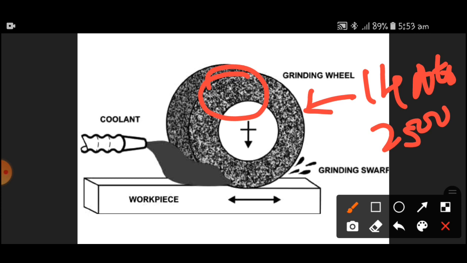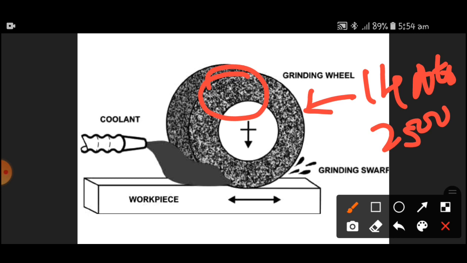Unlike milling and drilling, in grinding we cannot even see the chips. The chips are in very fine powder form. That is the maximum thickness of chip that can be produced by grinding. Very small chips are produced, and it is a highly finished process where high dimensional accuracy is needed.